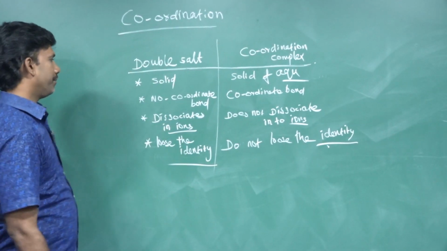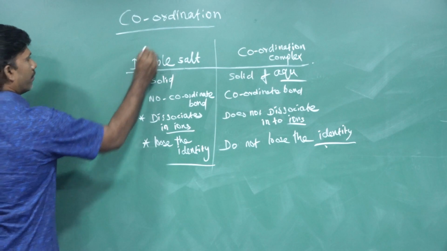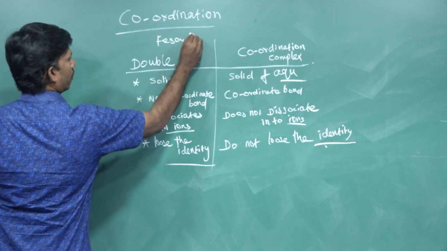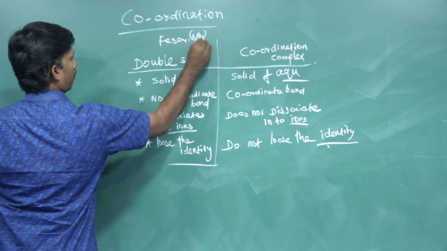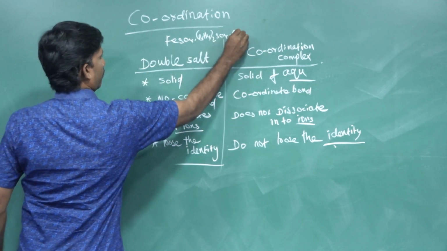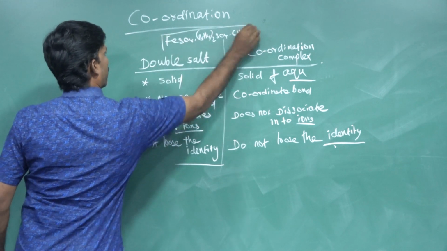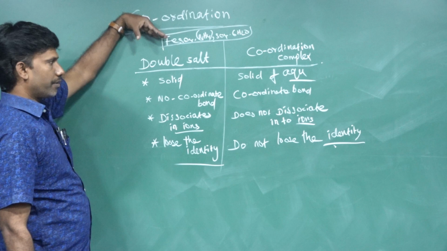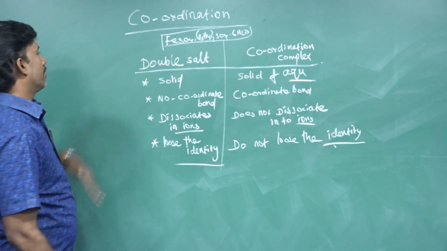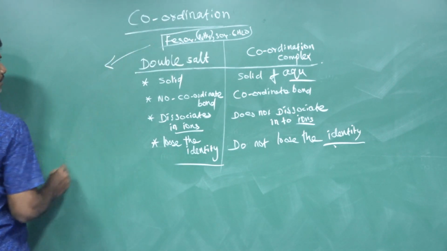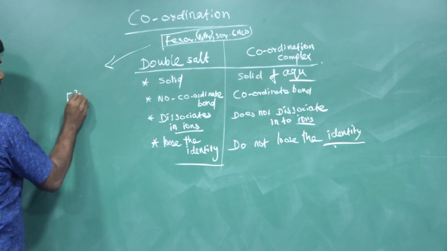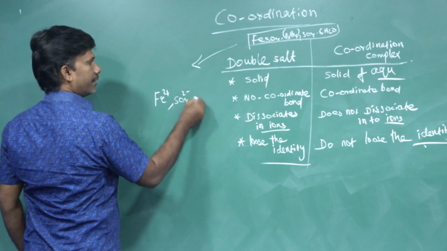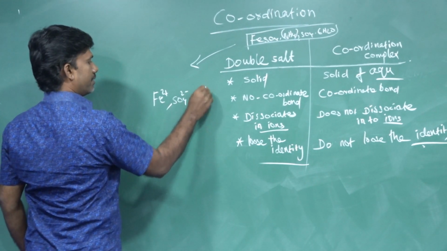Losing identity means, if a double salt is taken, for example Mohr's salt, FeSO4 with ammonium sulfate, in its crystalline form it exists as a double salt. When you put it into solution, it gives only constituent ions: it dissociates into Fe2+, SO4 2-, and NH4+.